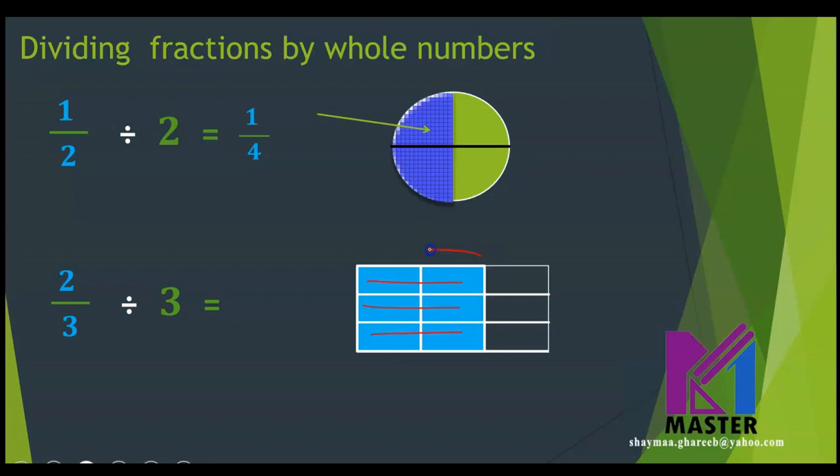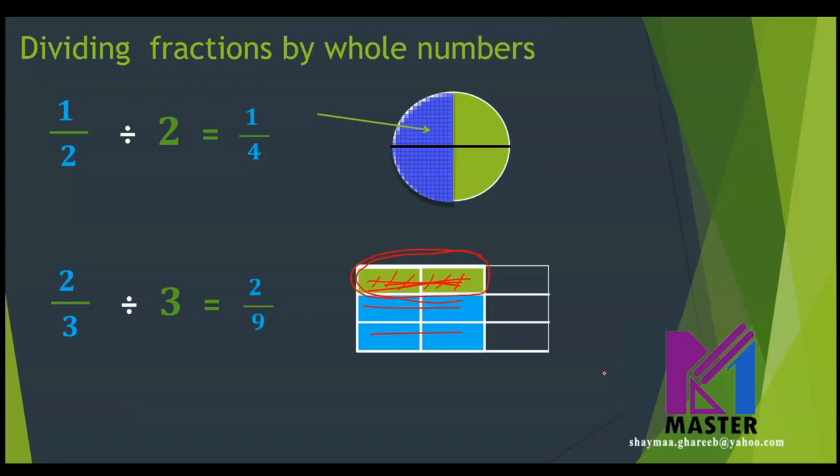Now I need to find the value of one of the 3 parts. So how to write this as a fraction? I write the number of parts. Here it is, 2 parts over the total number of parts, which is how many parts in total? 9 parts. So it will be 2 over 9.